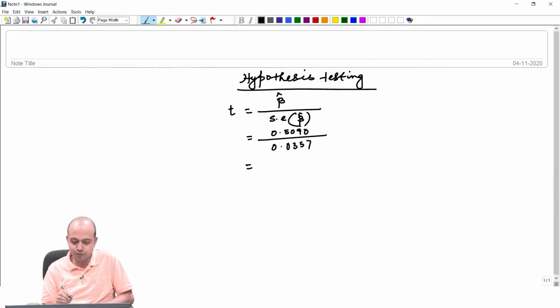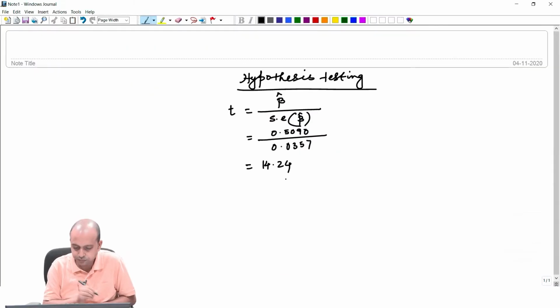So, this is the calculated value, and this calculated value we have to compare with the tabulated value, right. That is what we learned.